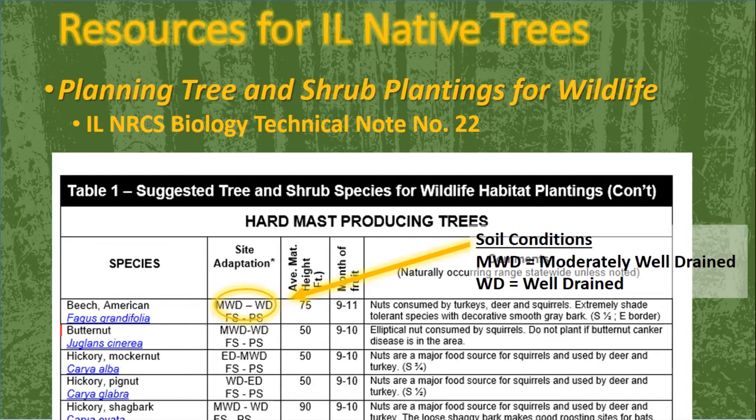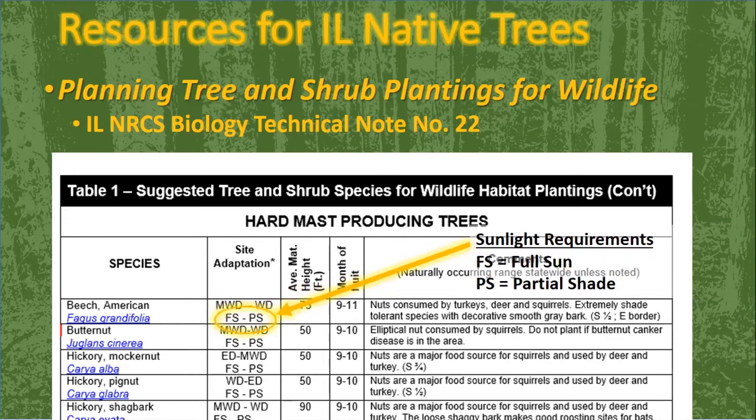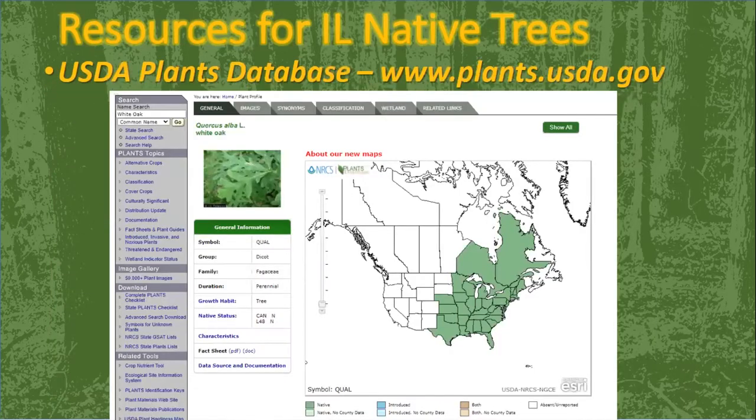And if you think back to where we looked at the soil survey information, that's covered in the description of that soil map unit, so we can figure out if we have the right soil there. So this is yet another way we can figure out if a species is suited to the site. This second set is full sun versus partial sun. That can help you understand the relative shade tolerance of this plant. Is it going to tolerate a little bit of shade or not? That's some of the information included here.